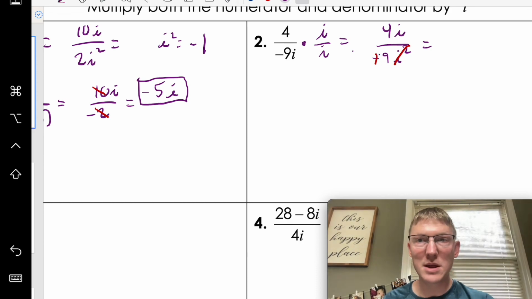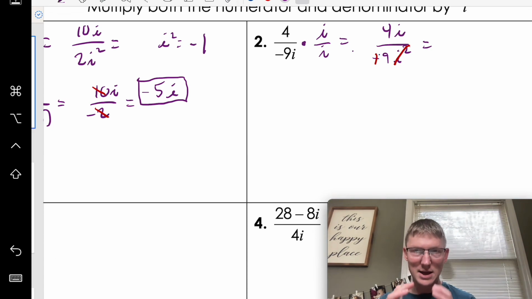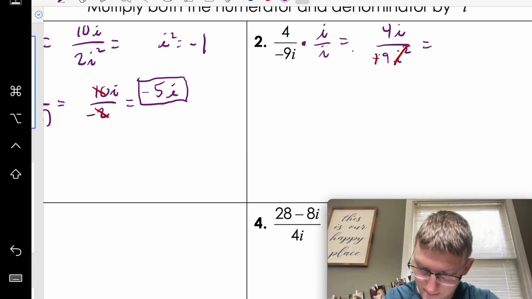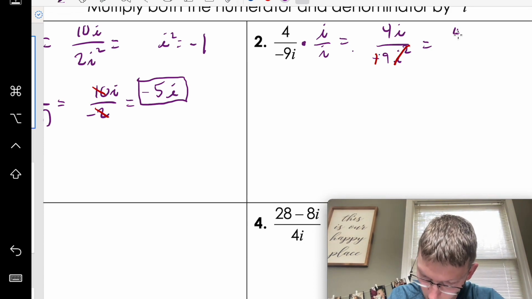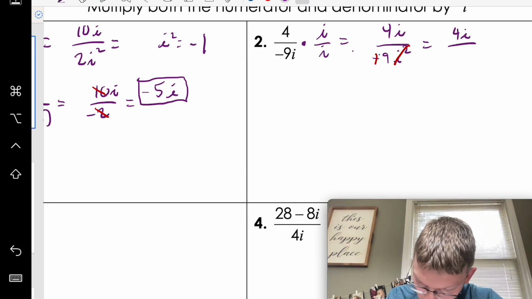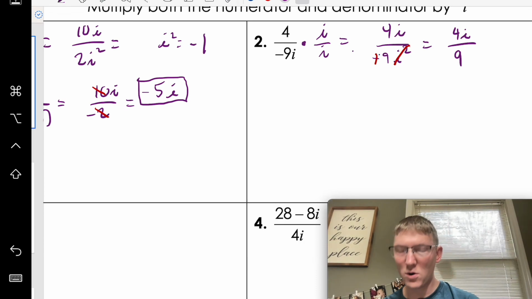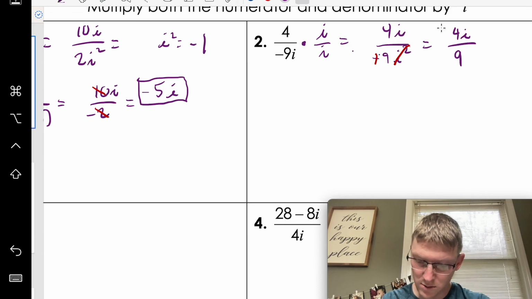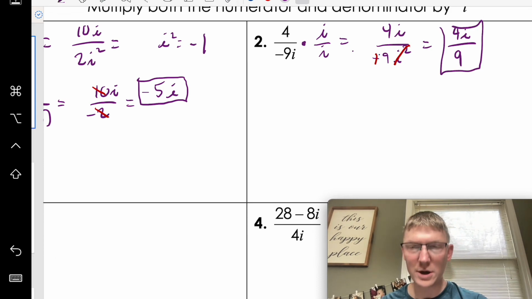It reminds me that, hey, I see the i squared and that turns into a -1 multiplied by the number that it's attached to, just changes the sign. So our final answer is 4i over 9. 4 and 9 can't reduce anymore, so we're good to go.